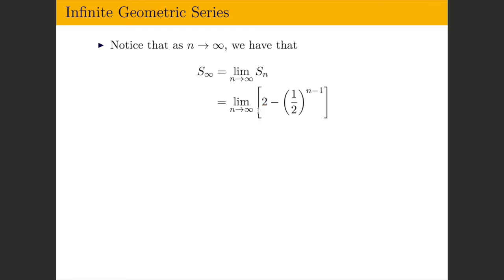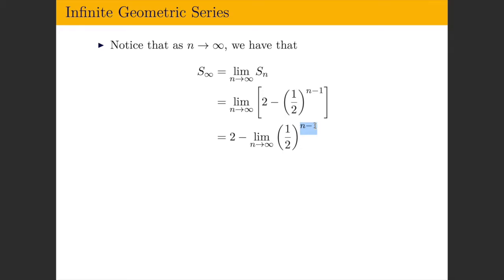So we can use one of the limit laws and say that this is just 2 minus the limit as n approaches infinity of this second term here. Only that second term changes as n changes. And now we've got to ask ourselves, what happens as n approaches infinity of this second term here?